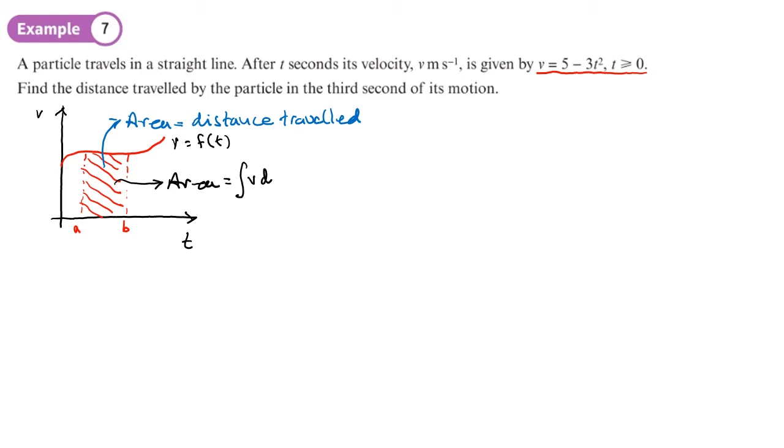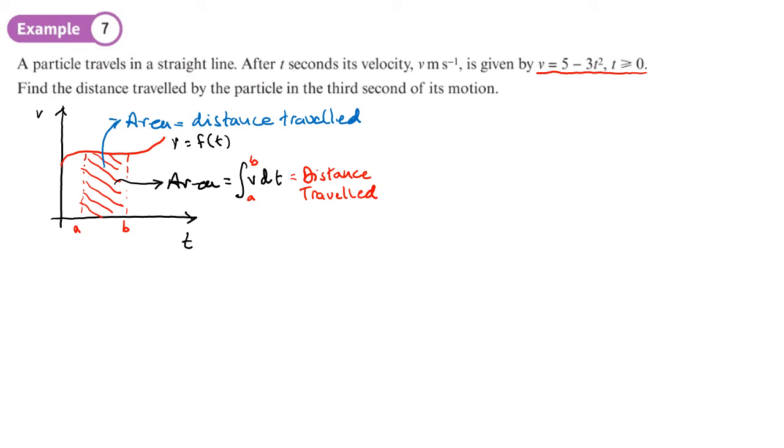If I integrate the function of t for the velocity between the limits of A and B, that will give me the distance travelled. So the way that we're going to do this bit of the question is we are going to use integration.